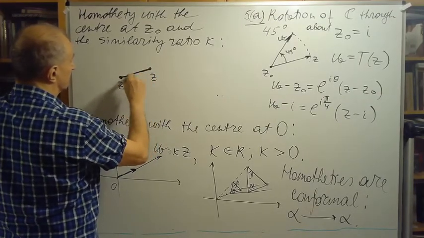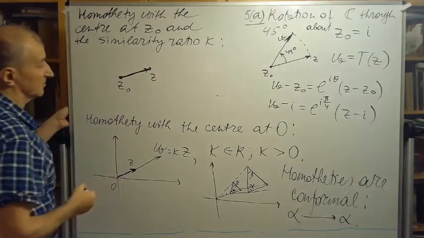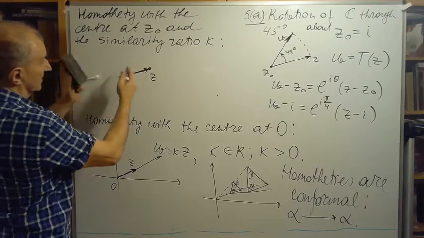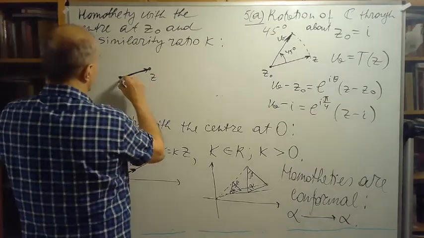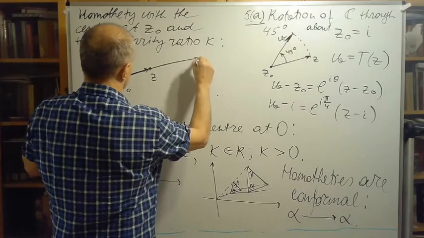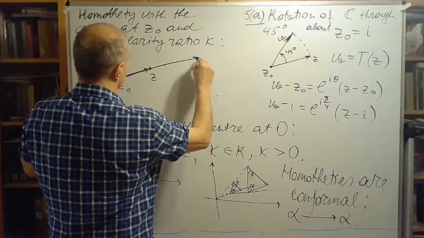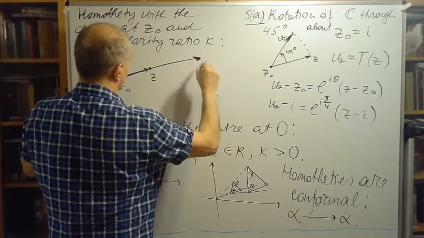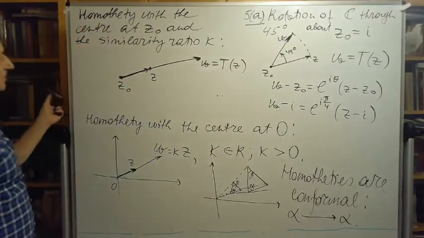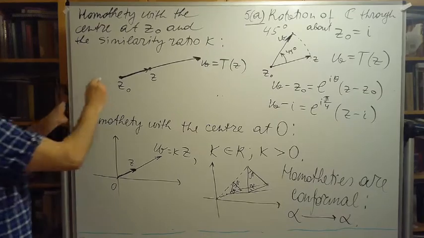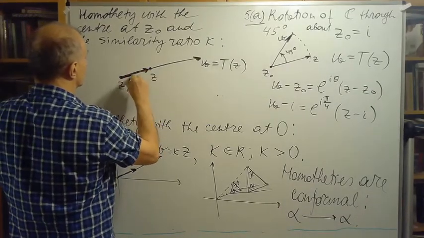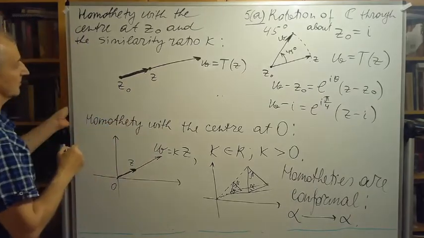This vector must be stretched or shrunk, because it may be that coefficient k is less than 1, in the same direction. We get a linear vector. So this is vector w equals t of z. I will make this vector from z0 to z a little bit more visible.